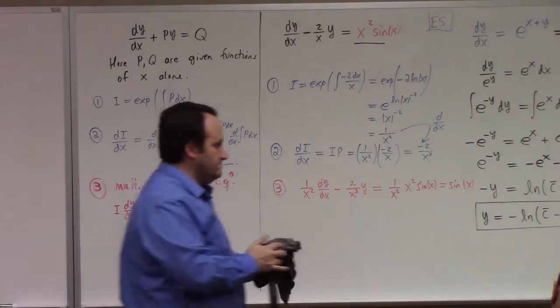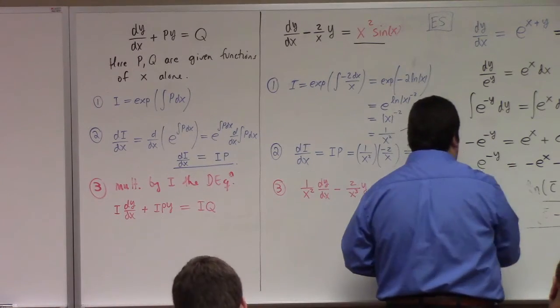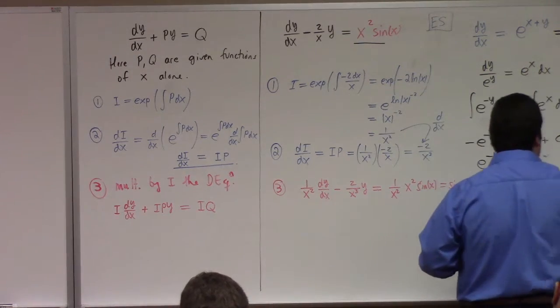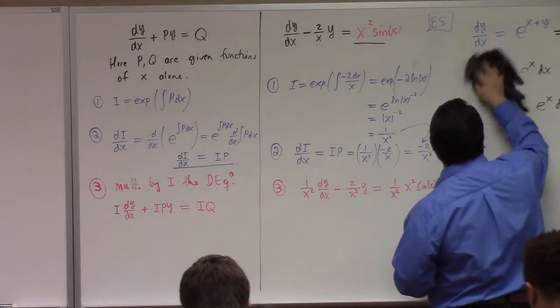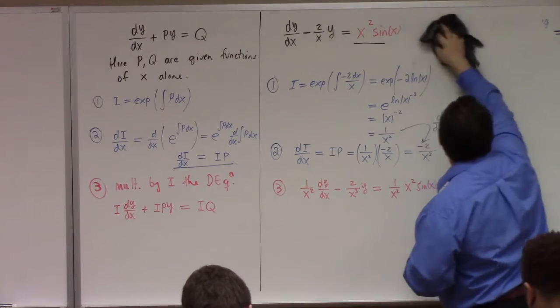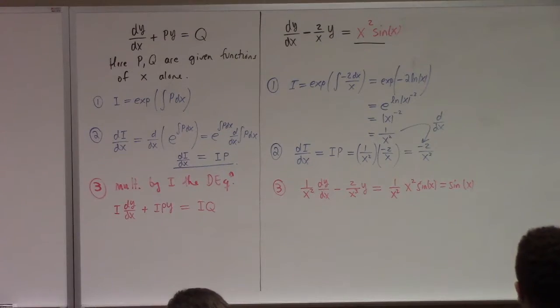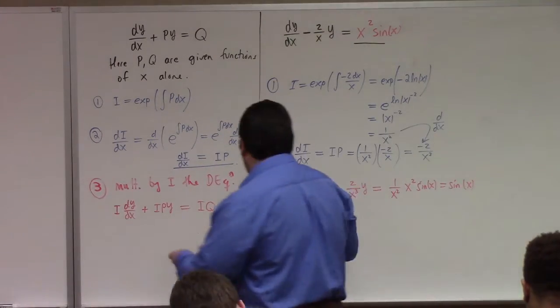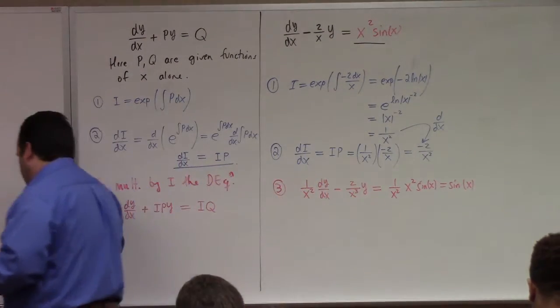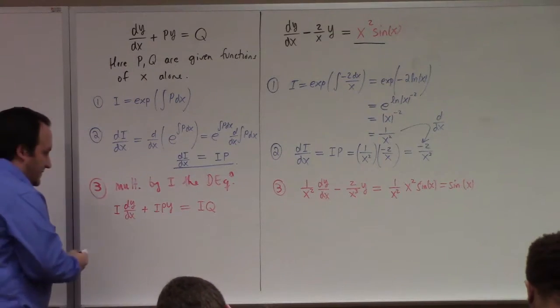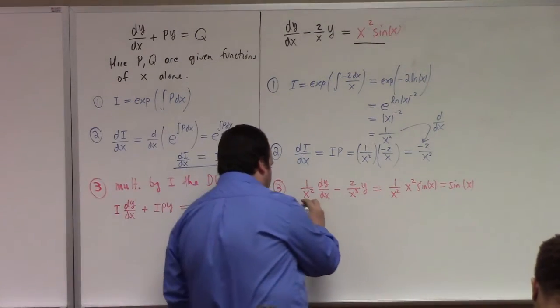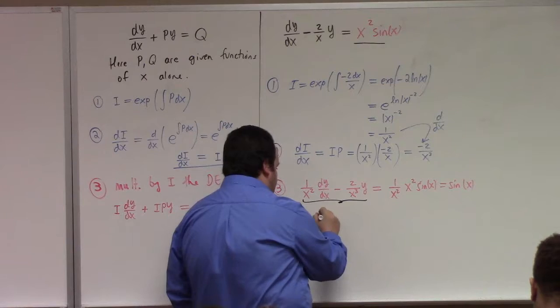All right, guys. So who can tell me why we multiply? I mean, what's the point of multiplying by the integrating factor? Can you tell me on either side of this how we can simplify what we're looking at? I mean, what is this? d/dx of what?